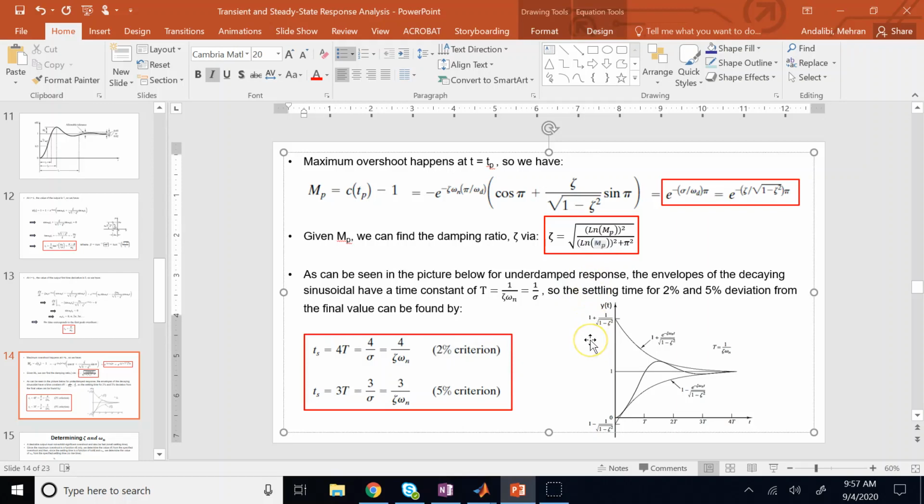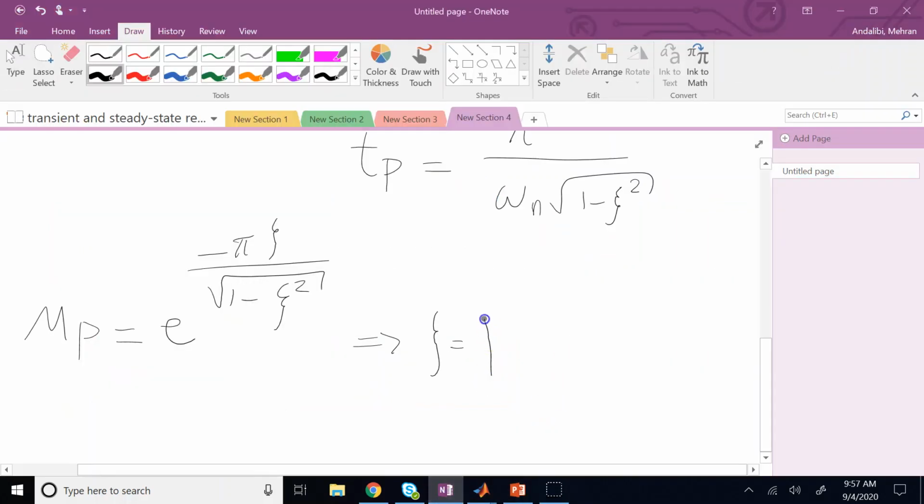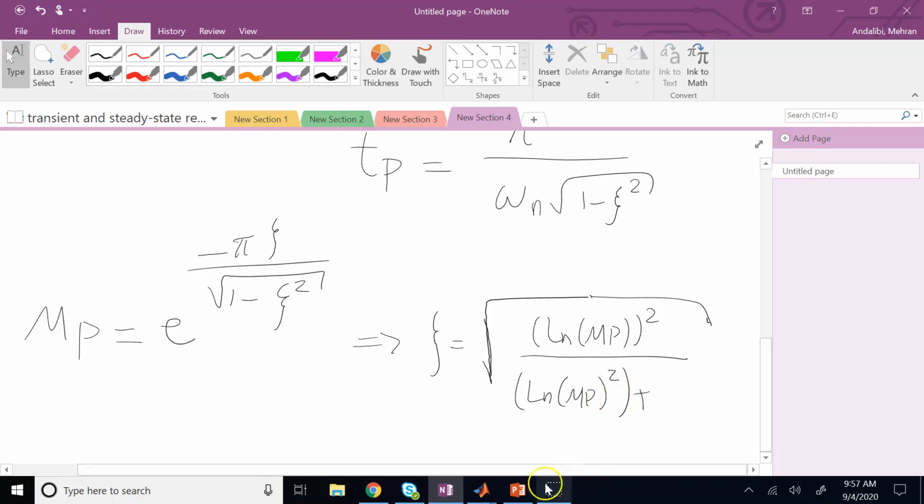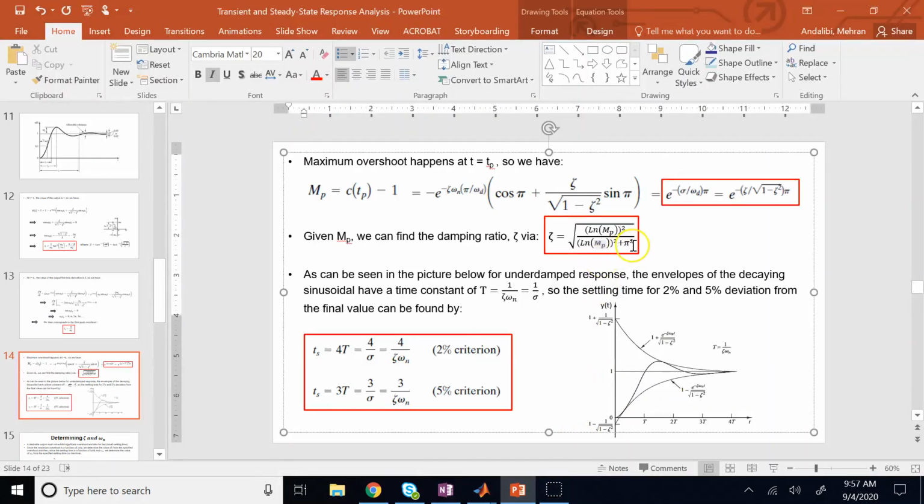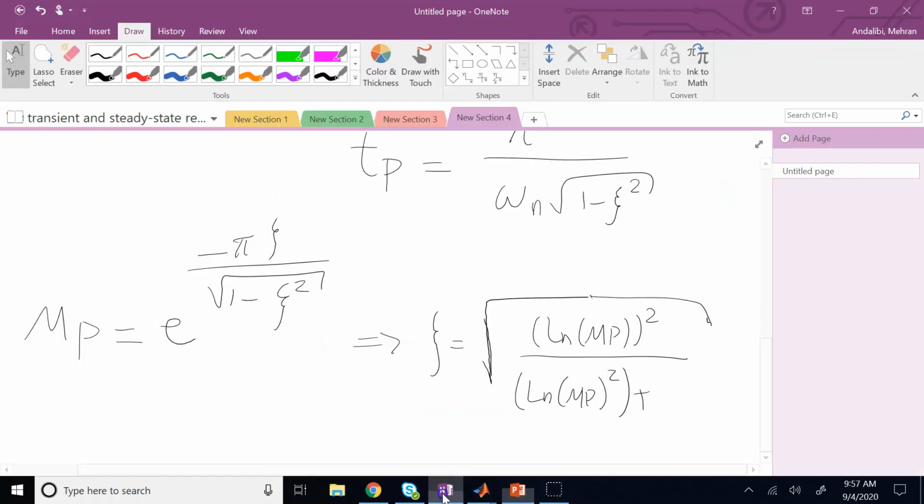It is the square root of the natural log of MP, the whole thing squared, divided by the same thing plus pi squared, okay?